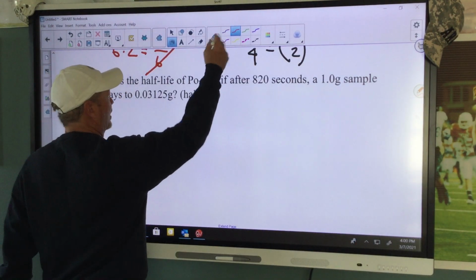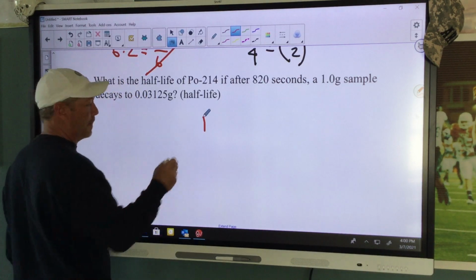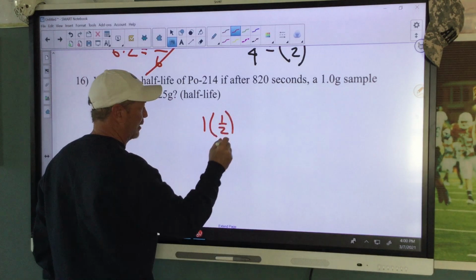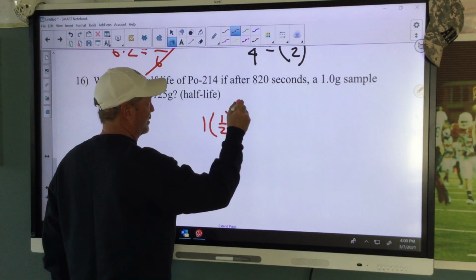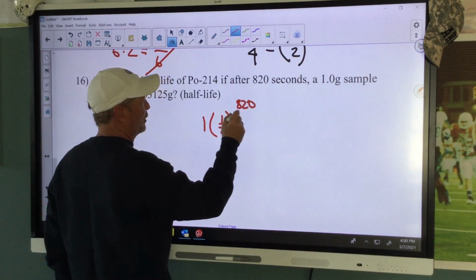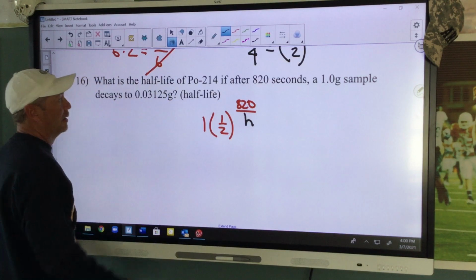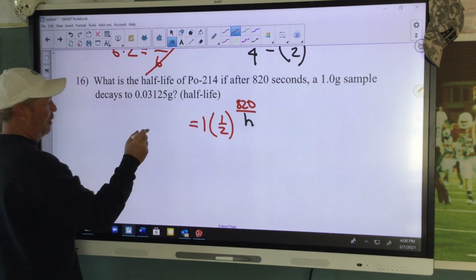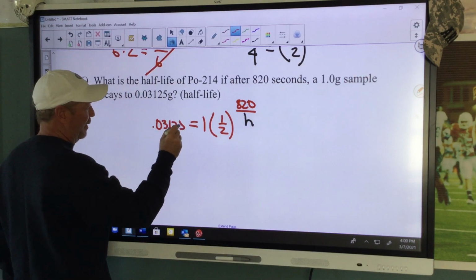So we're going to set this up and we're going to say our starting sample is 1, half-life, okay? Time is 820 seconds. But what I do not know is the half-life. And we want to have a final leftover sample of 0.03125.